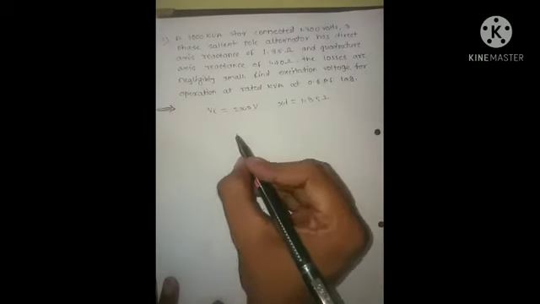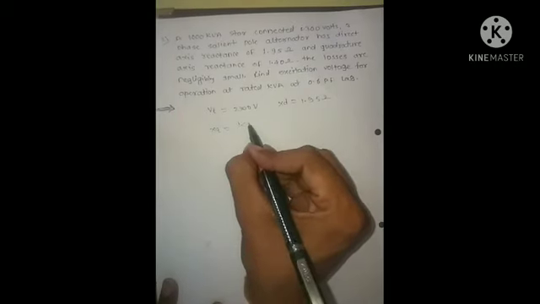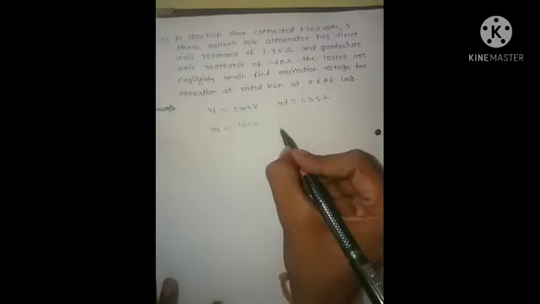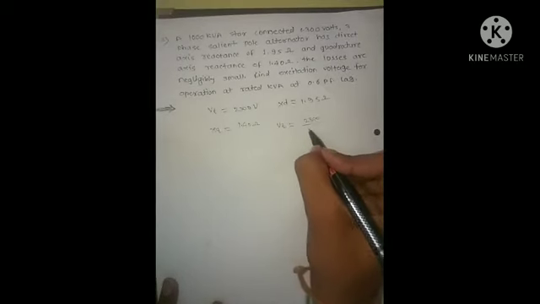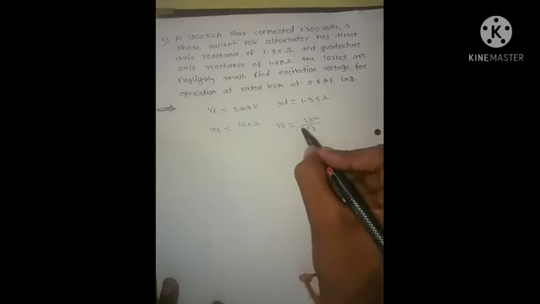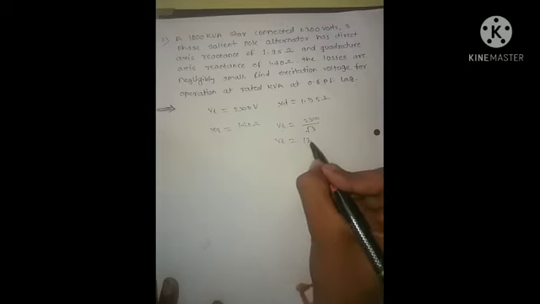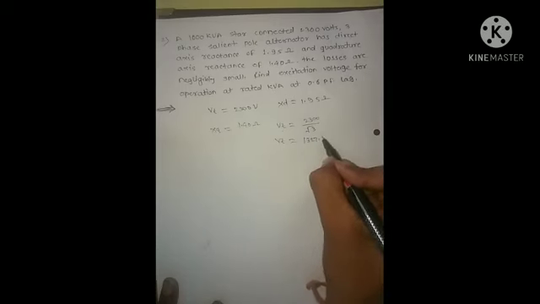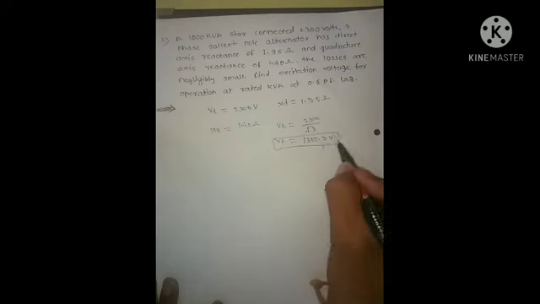Okay, so XQ equals 1.40 ohm and Vt equals 2300 upon root 3 because Vt is the phase voltage. So the Vt equals 1327.9 volt, that is the phase voltage.